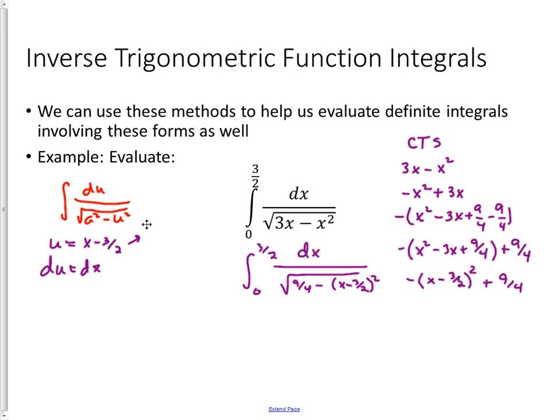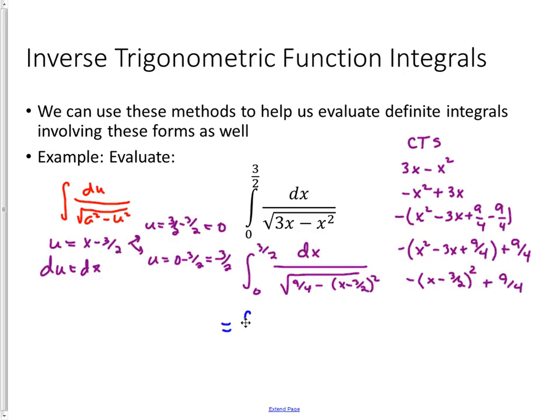So I'd say, well, what happens at x equals 0? At x equals 0, the lower endpoint, we get 0 minus 3 halves, so the lower end becomes negative 3 halves when we change the variable. And when we substitute in 3 halves, which is the upper end, minus 3 halves, we get 0. So really, we're reversing the positions of these two, kind of, and we get this new integral.